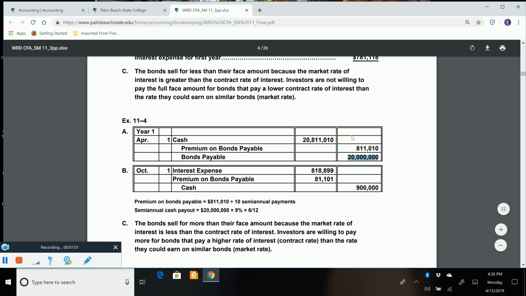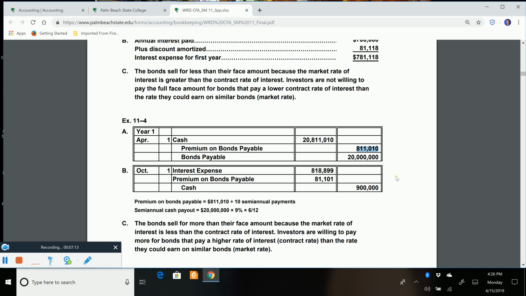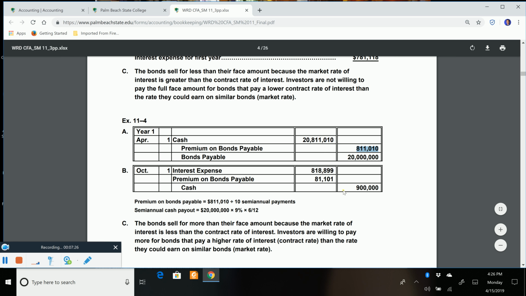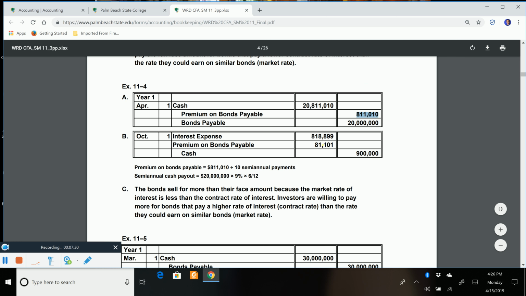The difference in the cash received and the bond payable, since we received more cash than the liability, is called a premium on bonds payable. The premium will be added to the bonds payable, and the two together will be recorded as a liability in the balance sheet. And the amortization of the premium is what we will do when we record the interest expense.